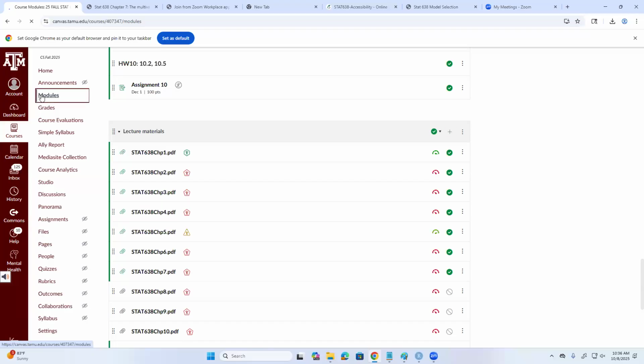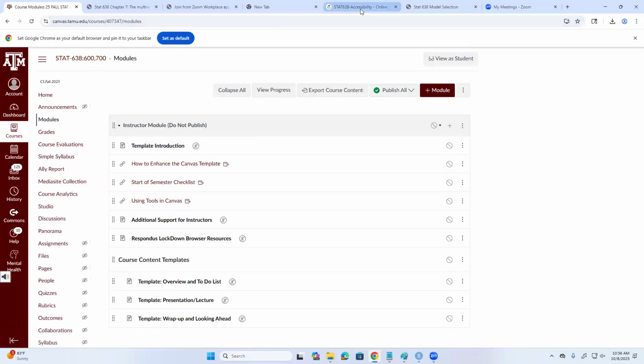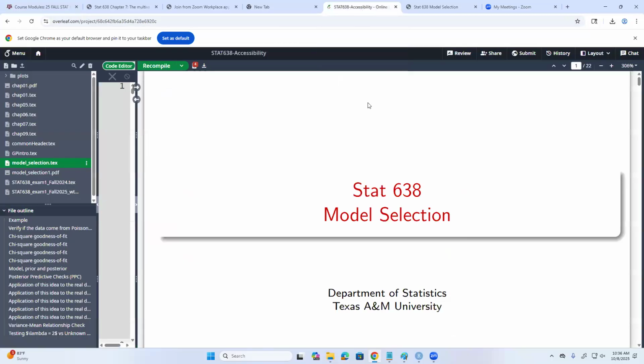I'll do it this way. And my target is to eventually, maybe next year, convert everything to HTML files. HTML files are always accessible. And I'll use R Markdown to create that HTML output. So it is available now.